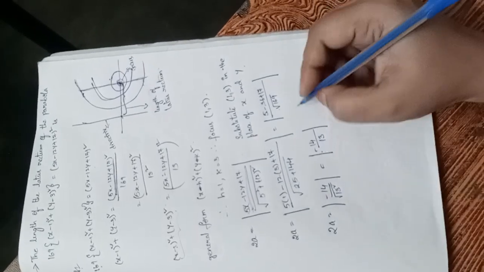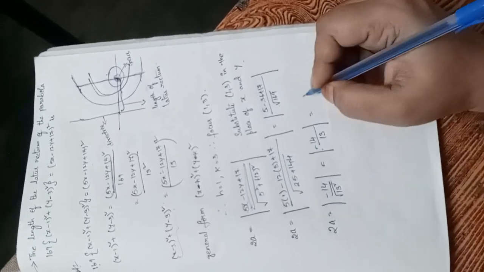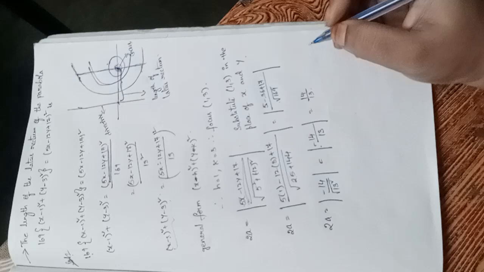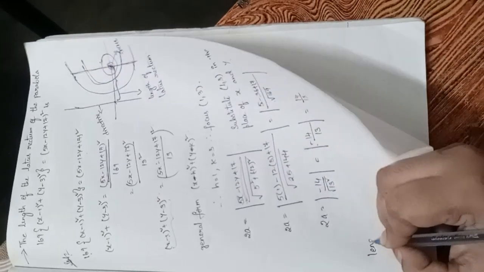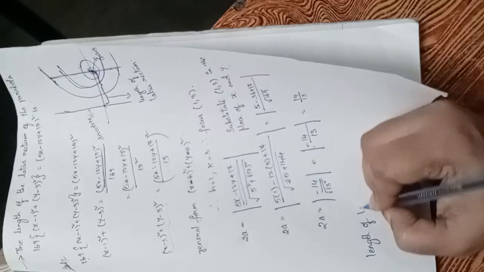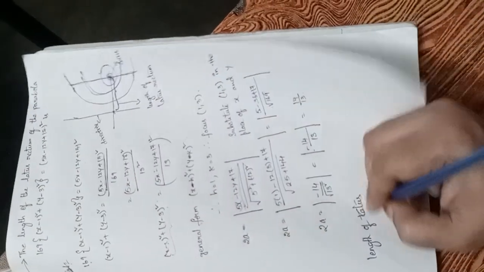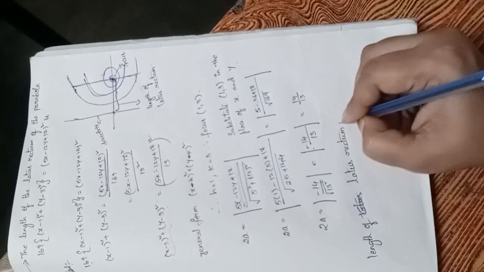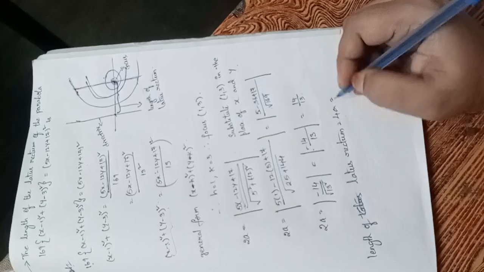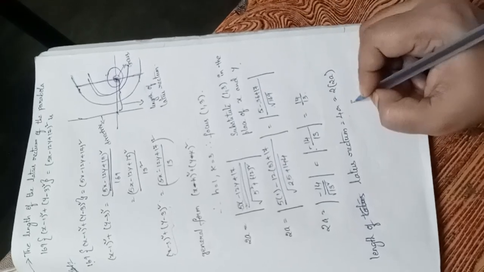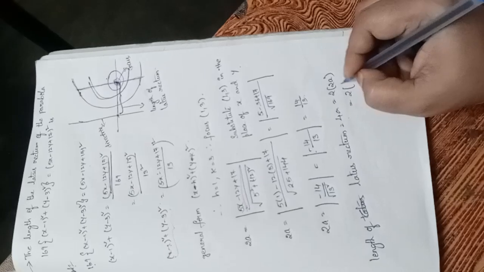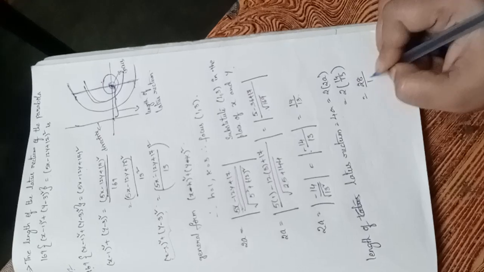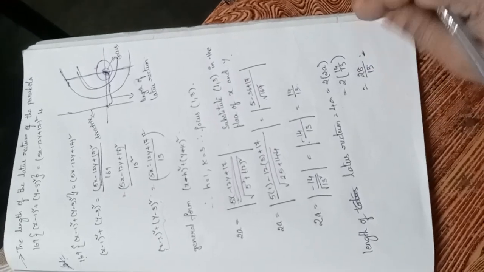Since mod is given, the result is always positive, so 14 by 13. But what is the formula for the length of the latus rectum? It equals 4a, which is 2 into 2a, which is 2 into 14 by 13, which is 28 by 13. This is the length of the latus rectum.